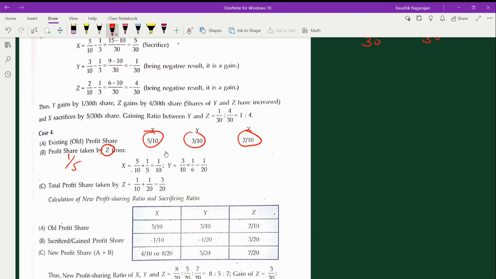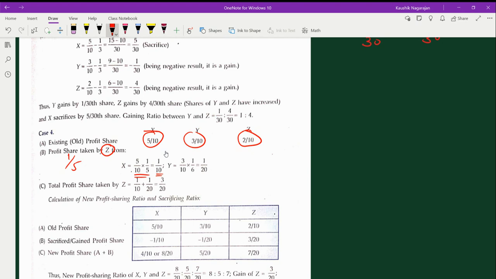See, 1/5 of 5 by 10, that means 5 by 10 into 1 by 5. So far in the previous problems you were applying the subtraction method, but here it is a multiplication method because you find the word of. So 5 by 10 into 1 by 5 will give you 5 by 50, which in simplified form is 1 by 10.